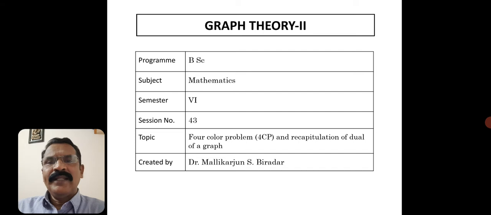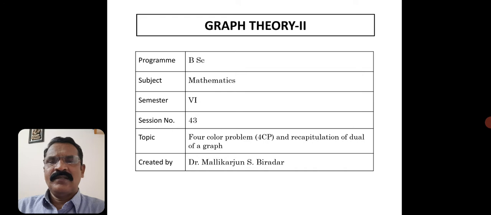Okay. So already in the introductory part I have given you the idea of what is called a coloring of a graph, coloring of a map. What do you mean by coloring of a map? Coloring any map, it may be the Indian map or the American map or the African continent map, even a world map. Our aim is to color the map in such a way that if you consider a map of a country, no two neighboring states, that is, states with a common boundary, have the same color.